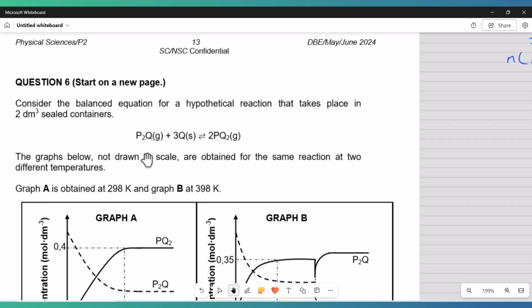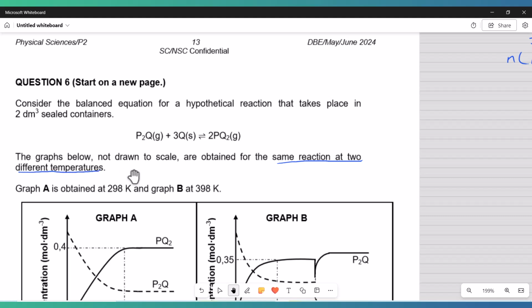This is our reaction, which is P2Q plus 3Q solid to give us 2PQ2. The graphs below, not drawn to scale, are obtained for the same reaction at 2 different temperatures. Did you see that? It's the same reaction at 2 different temperatures.